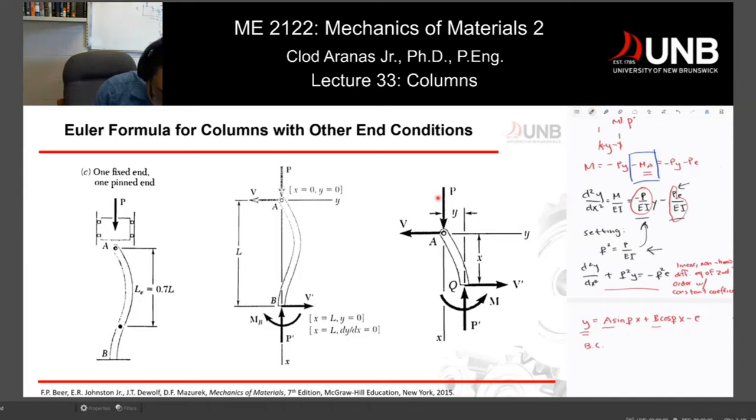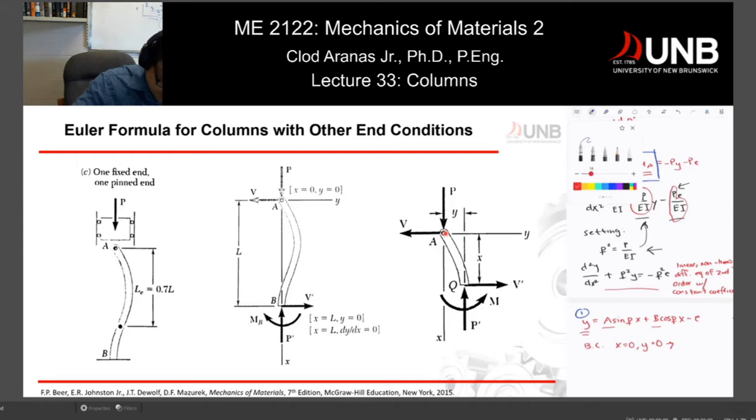So I can use, let's say, a boundary condition: x is equal to 0, y is equal to 0. Let's say we say that your x is 0 at this point. Now, we're going to substitute this into what we'll call equation number 1.